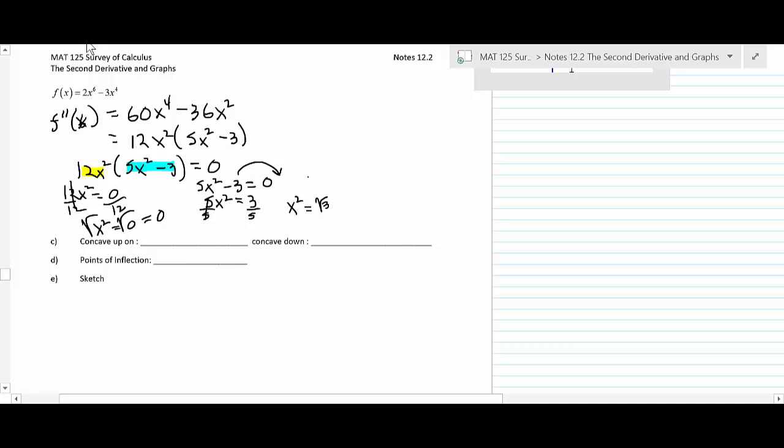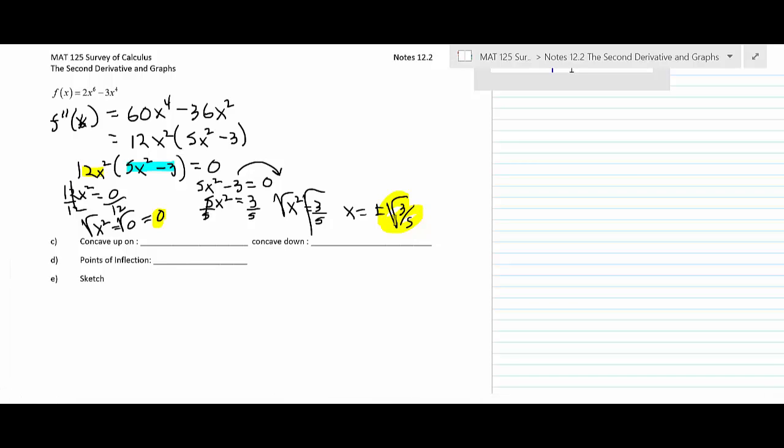Then you take the square root of both sides. Don't forget, you have to have a plus or minus. So what you have is 0 and plus or minus the square root of 3 over 5. Those are going to be your critical values to analyze the concavity.